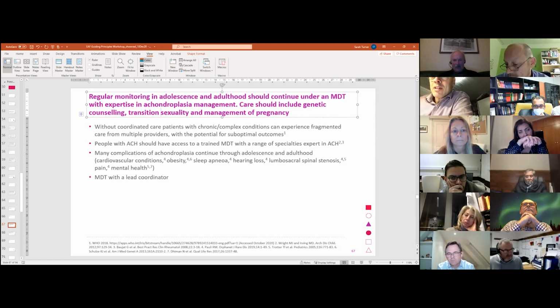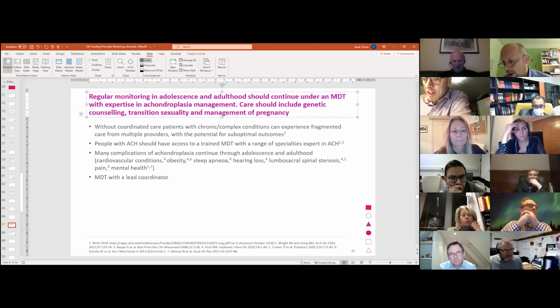So you would remove sexuality and transition? No. Sexuality can remain, but transition is something else. All teenagers struggle with this, but individuals with achondroplasia have even harder times with the transition.